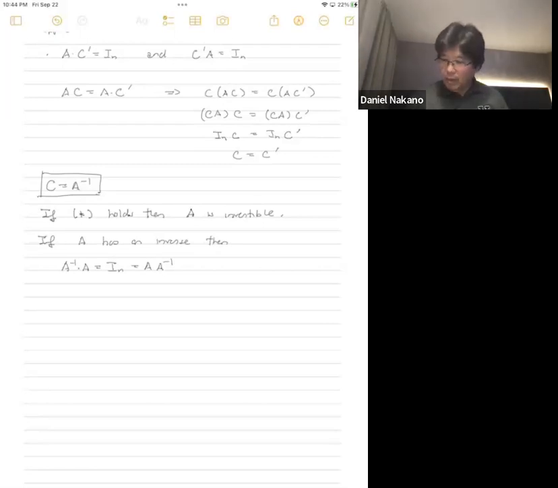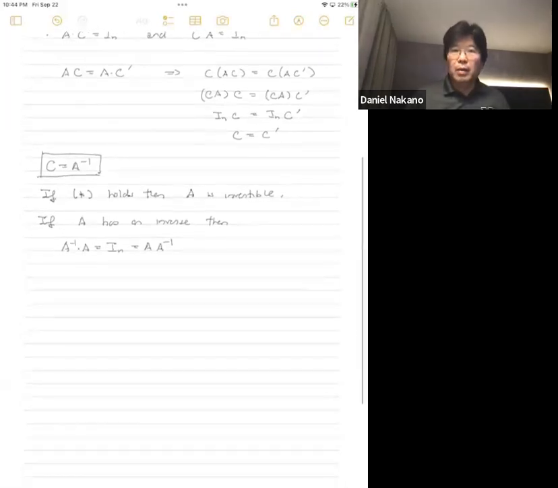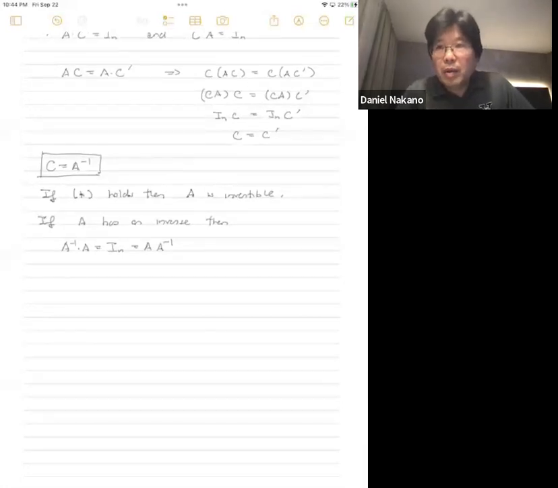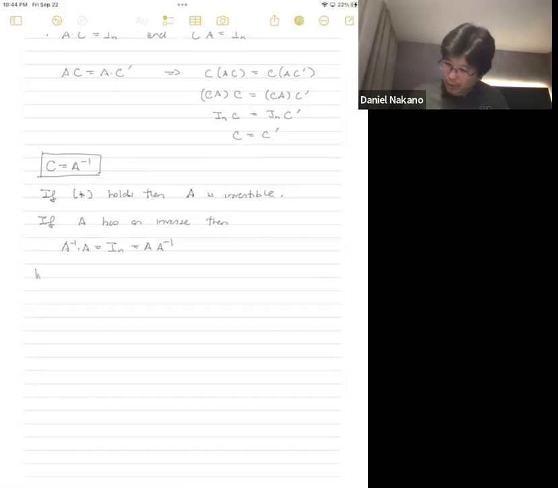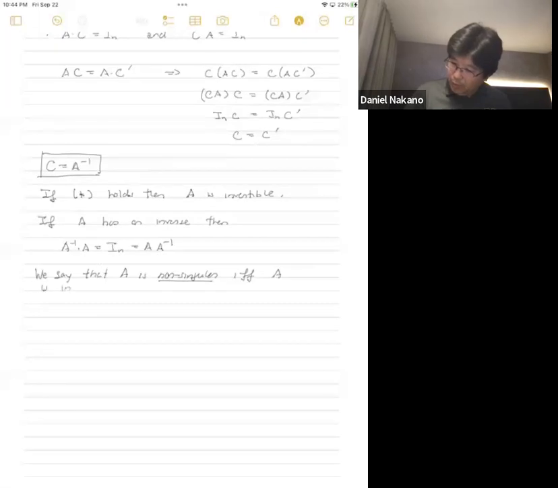Sometimes in the literature, they use the words singular and non-singular. Non-singular is the same thing as invertibility. So we say that A is non-singular if and only if A is invertible.